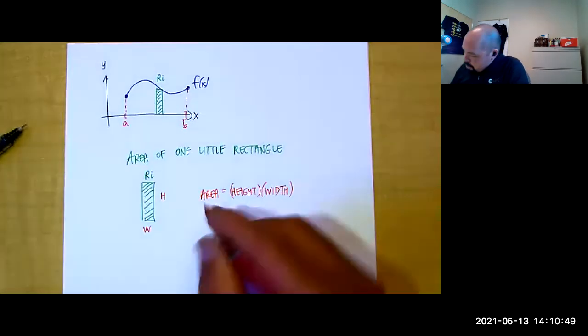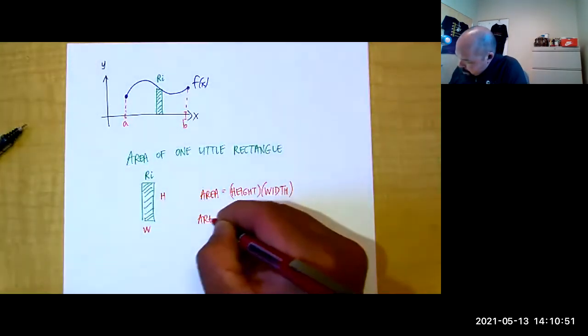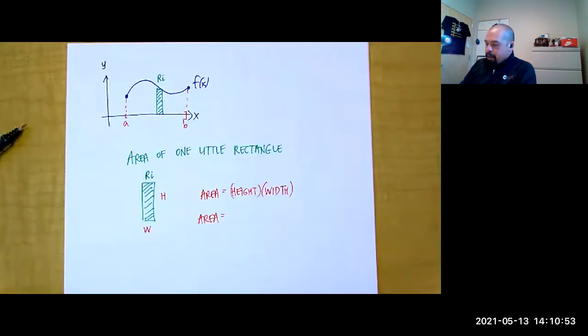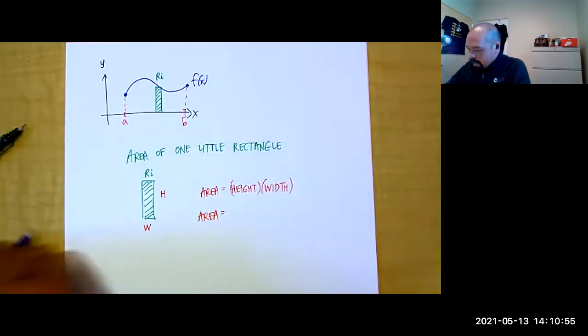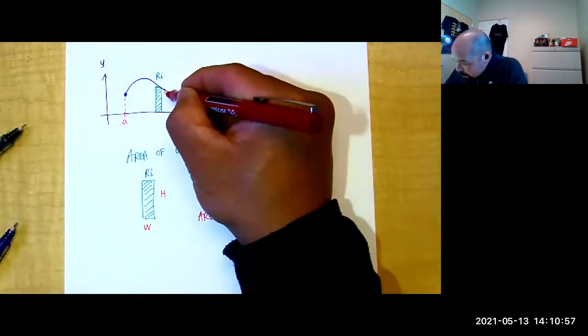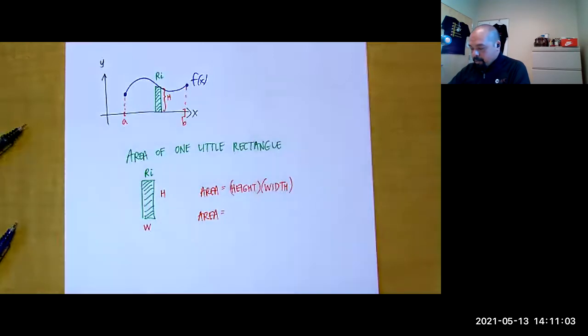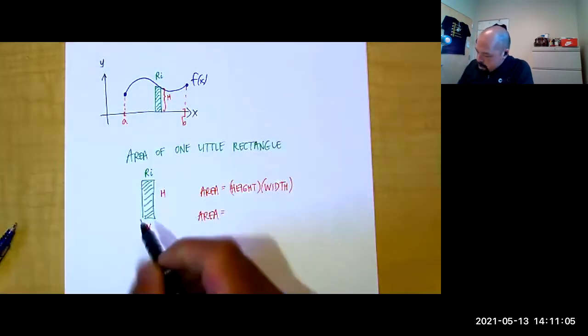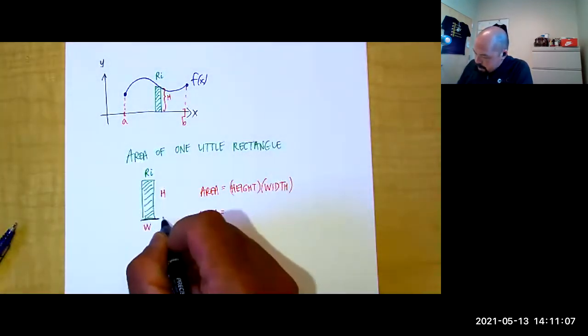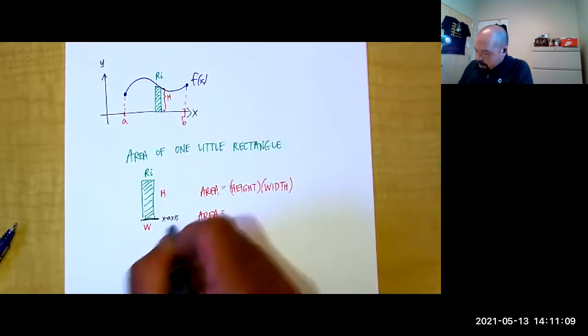So in this case, for our area, well, how high is that rectangle going to be? Well, down here, this was our x-axis, right?